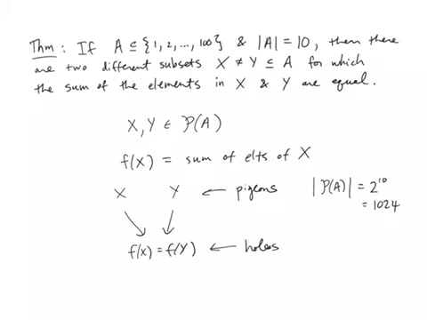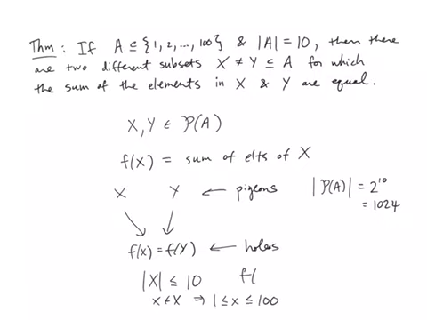The elements of X are numbers from 1 to 100, right? But X is a subset of a set of cardinality 10, so the cardinality of X is less than or equal to 10, and if x is in X, then x is between 1 and 100.